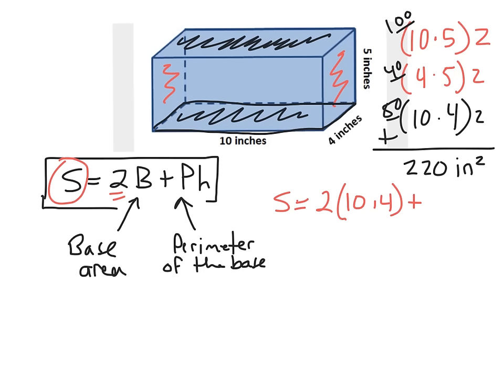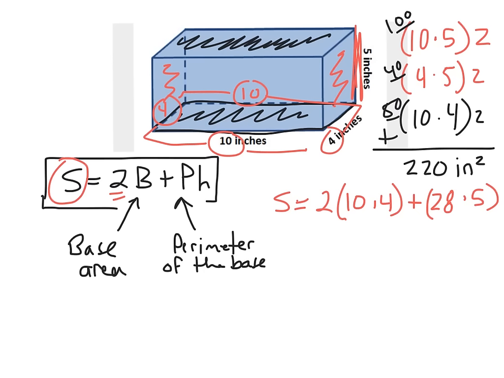The perimeter is 10 and 10, 4 and 4. The perimeter is the total distance around this prism. 10 plus 10 is 20, plus 4 is 28. So it's 28 times the height. And the height of this prism is 5.